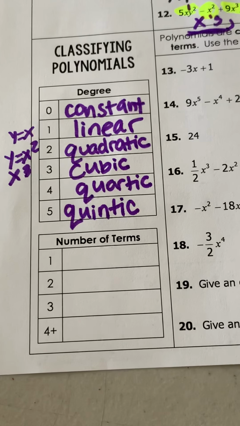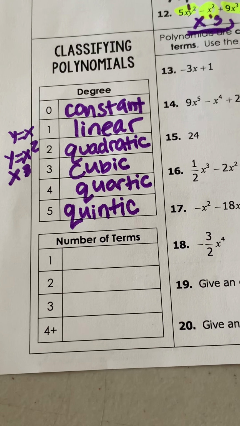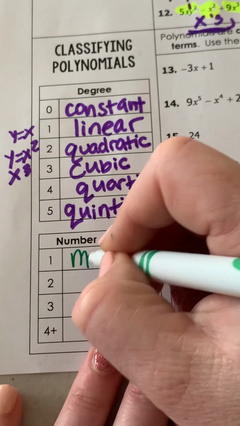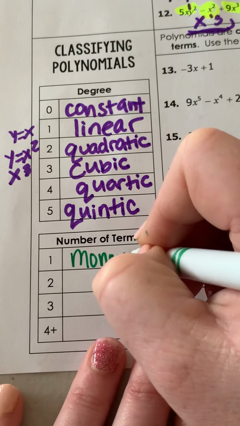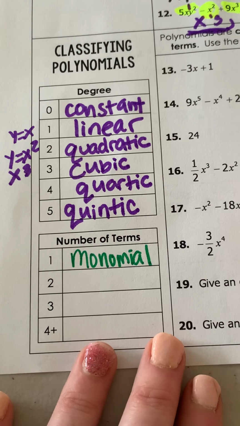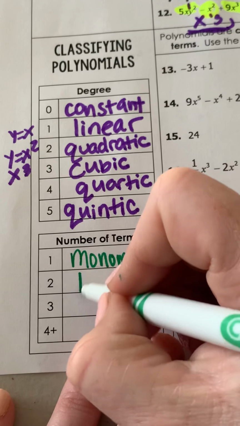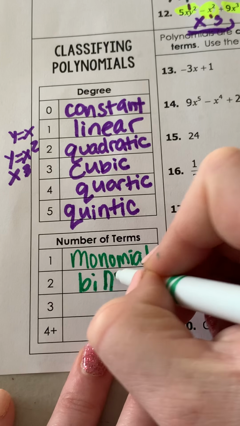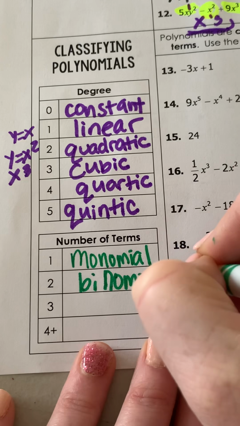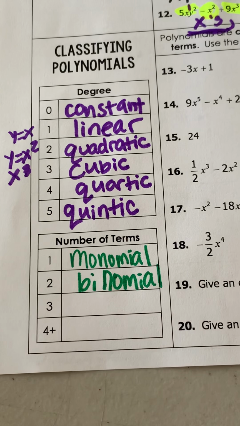Okay? Number of terms, and I'll talk about the difference. That's where the omials come in, the polynomial, monomial, whatever. If you have one term, you're monomial. If you have two terms, two things, binomial, bicycle, those have 2 tires.